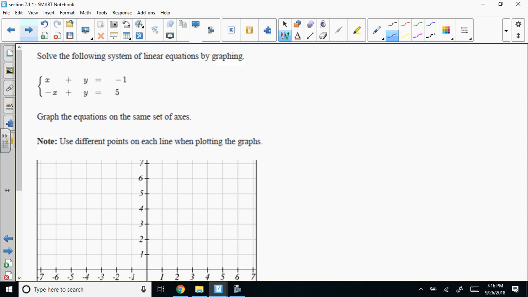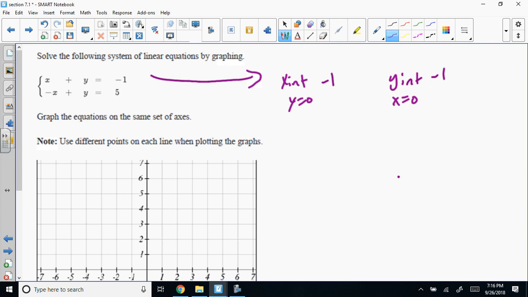I could turn it to slope-intercept form, right? But what about the x-intercept, y-intercept? You remember the cover-up method? If I got my x-intercept, my y is 0, and if I got my y-intercept, my x is 0, right? If you plug those in, those cover up, right?